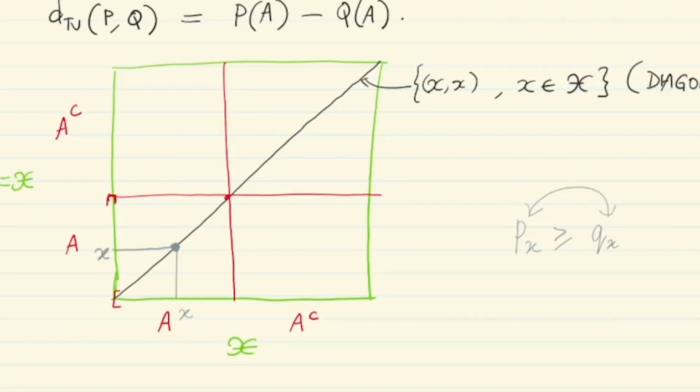So what we can do is we can put a probability mass of qx on each such diagonal point x comma x where x belongs to A. Okay, the moment we put such a probability qx on this diagonal point x comma x, the horizontal sum already has qx. So there can be no more probability on the vertical strip passing through x comma x at any other point apart from x comma x.